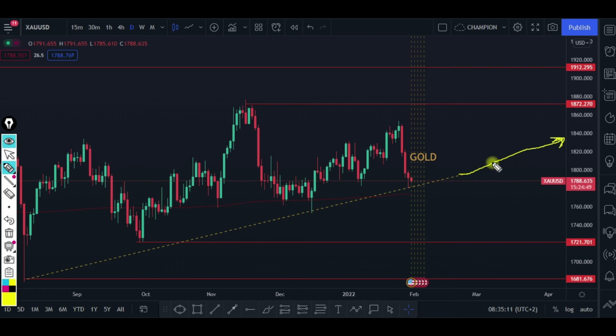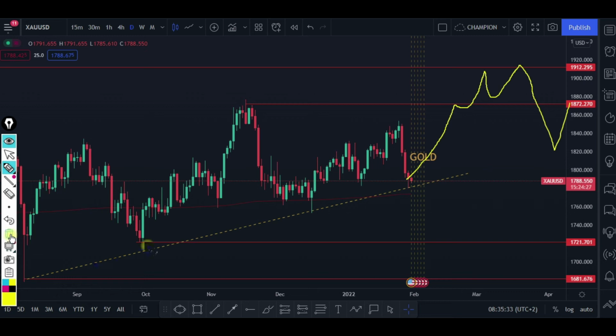If it respects this area this week and pushes high, it's going to give us something like that. If it pushes like this, anything is possible with the market.